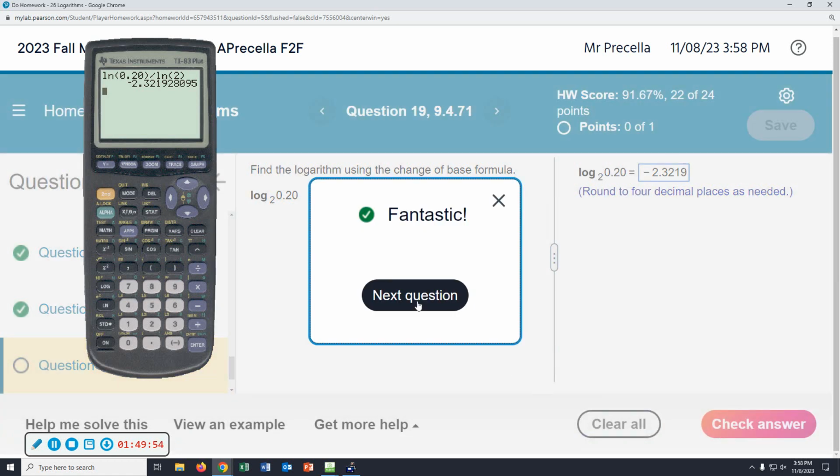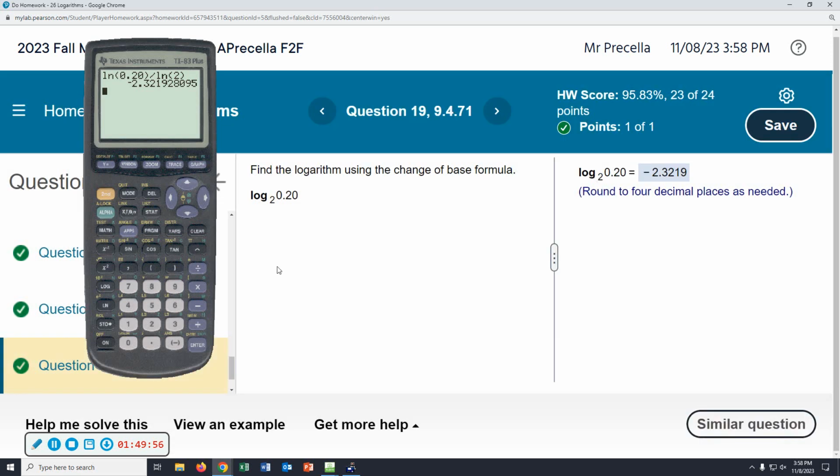Okay. Punch it in without closing the parentheses. Yeah, that's what I wanted to do. ln 0.20 divided by ln 2.